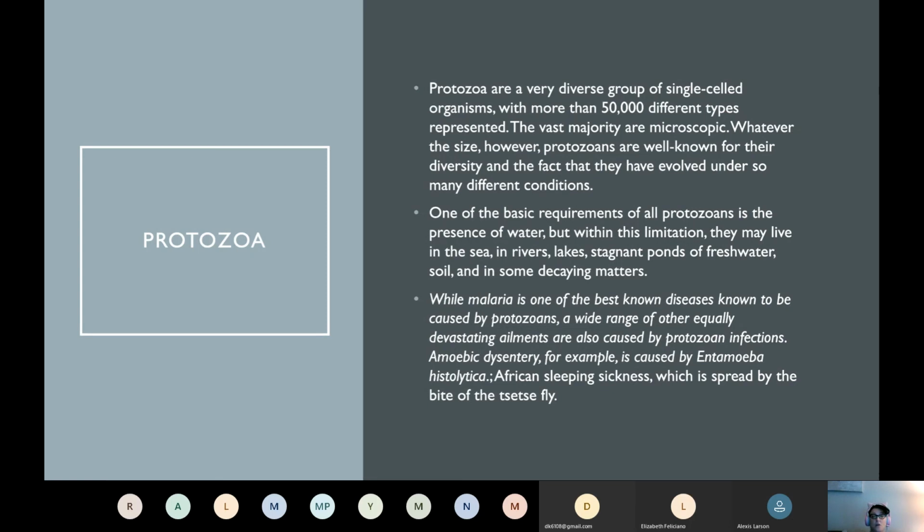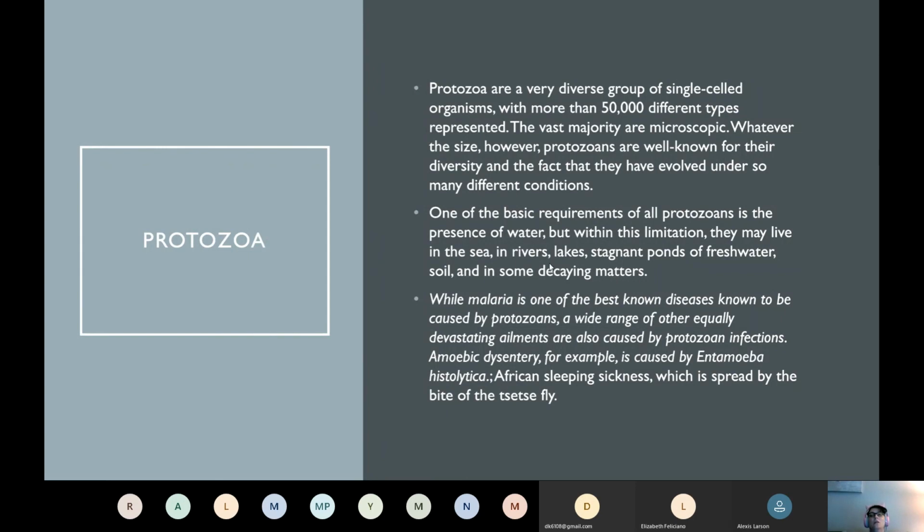It could be soil. It could be the places you would never expect, because you think protozoa, water, right? So your mind automatically goes to bodies of water, but it can be in other places, right? Because as long as it has a tiny, tiny, tiny microscopic amount of water, it can survive.